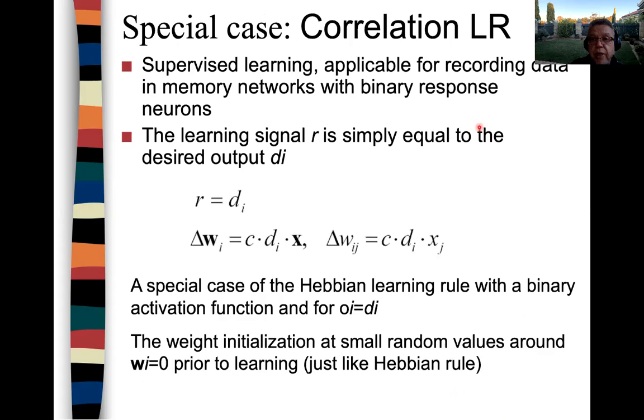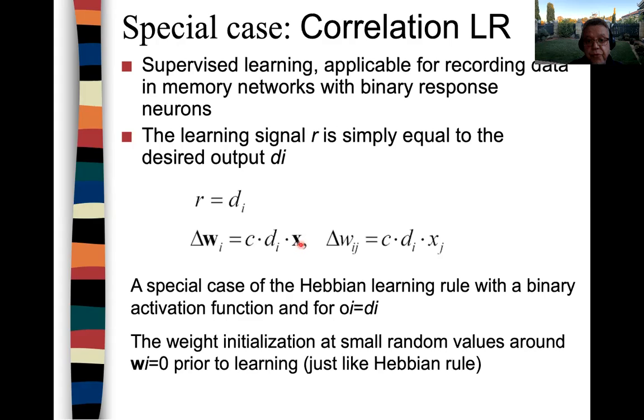A special case of the Hebb learning rule is the correlation learning rule, which is a supervised learning applicable for recording data in memory networks. So you have some sort of memory here with binary response neurons. In this case, your learning signal R in our generalized learning rule is a desired output, di. That's why you kind of have some memory here. Same rule.